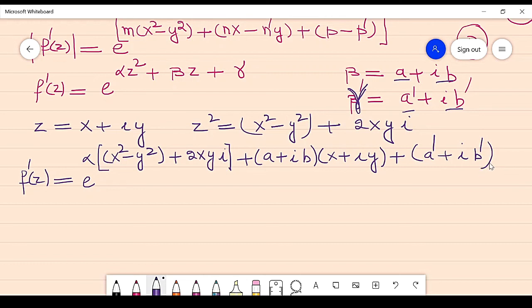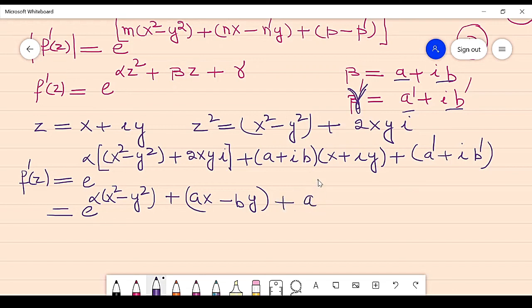So simplify this result, and we get e raised to power alpha times x square minus y square plus ax minus by plus a dash.